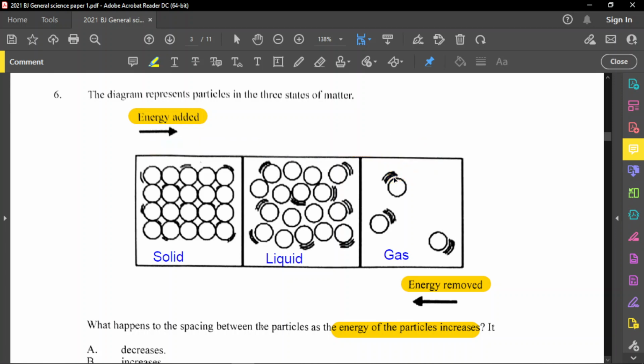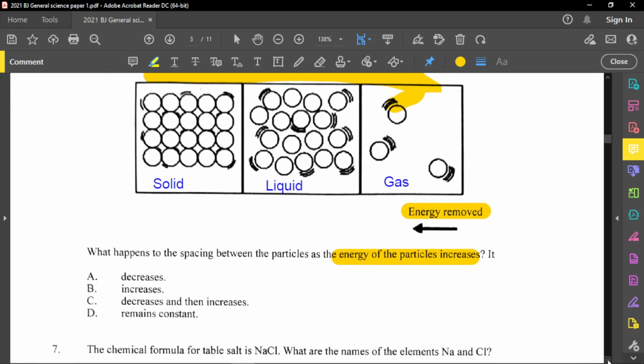As particles gain energy, they move faster and further away from each other. Because of the gain of heat or energy, the particles move further. So as energy is added, the spacing must increase. They have a wider space between the particles as demonstrated in the diagram.